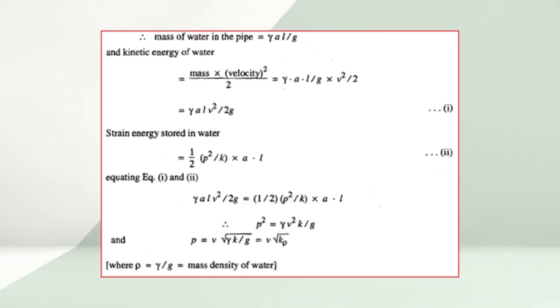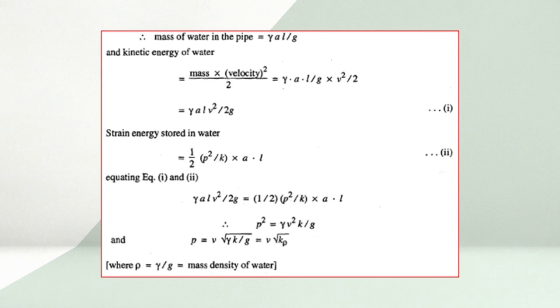So mass of water in the pipe is gamma AL upon g, and kinetic energy of water is mass into velocity square upon 2, which is gamma AL V square upon 2g.